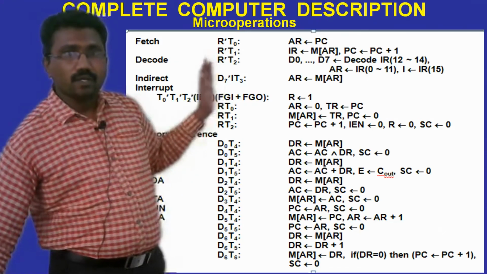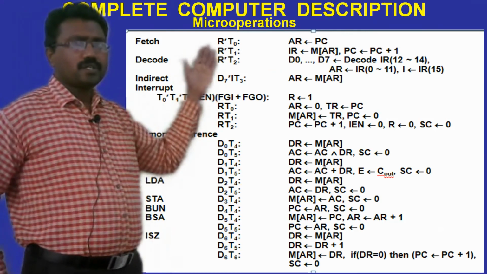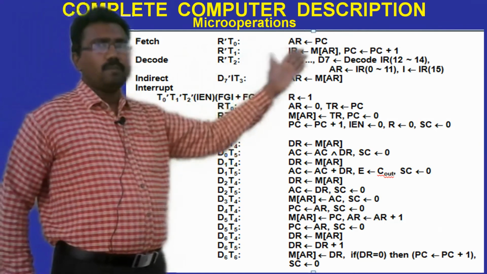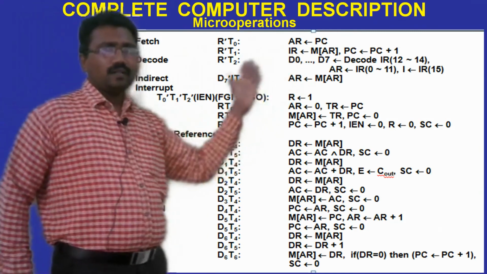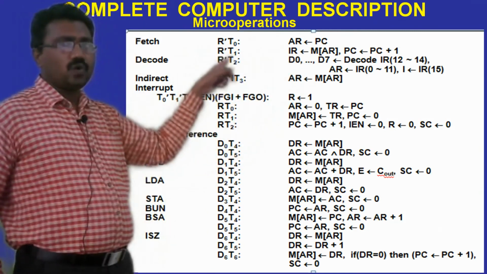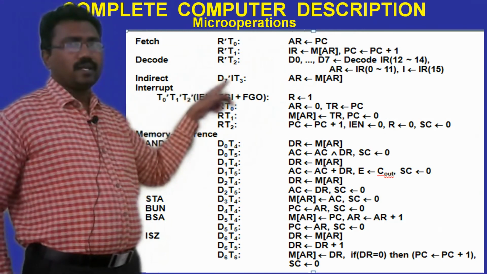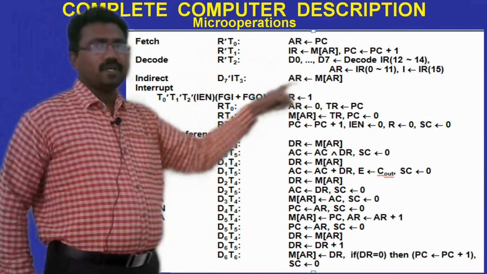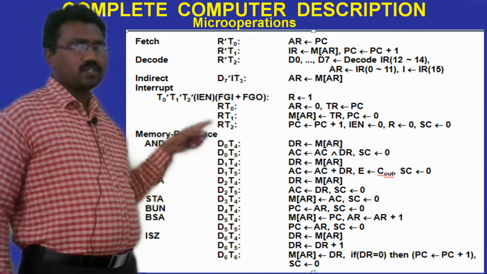Coming to here, this one also we have seen. Fetch operation: R bar T0, PC to AR; R bar T1, M of AR to IR. All these concepts we discussed. These are the fetch and decode operations. In the indirect cycle, D7 bar I T3, read the effective address from the memory. In the interrupt cycle, when R is 1, we just discussed it in the previous topic.